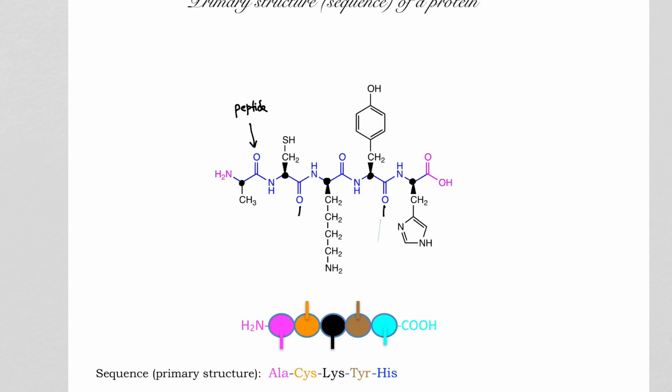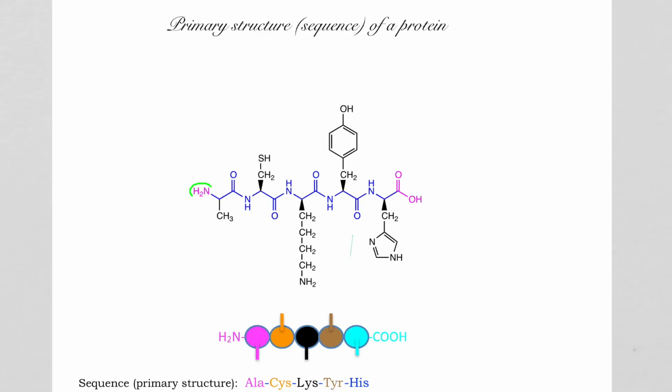So here we have an amine connected to the alpha carbon that's not involved in peptide formation. So this is called the N-terminal of the protein. And here we have a carboxyl joined to the alpha carbon that's not involved in peptide bond formation. This is called the C-terminal of the protein.